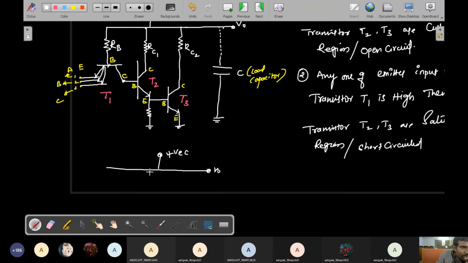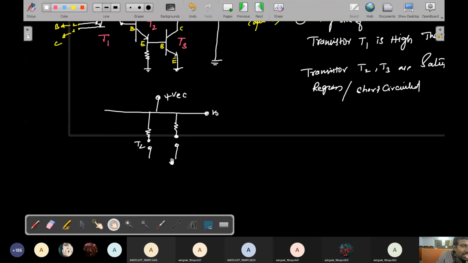Simply through a resistor, this is an open circuit. Why? Because T2 is open since the low voltage is applied, so this is also an open circuit. Understand? And these two are connected, and finally it comes to the ground state.